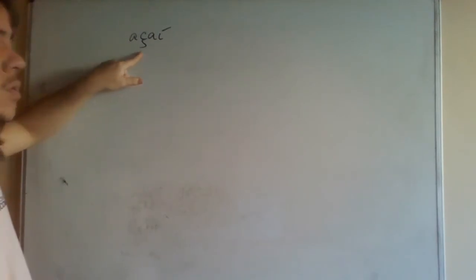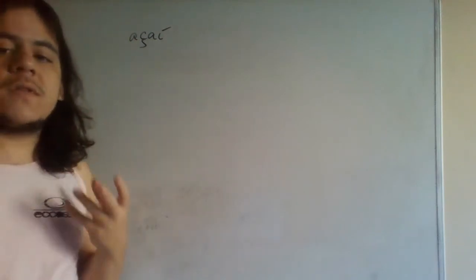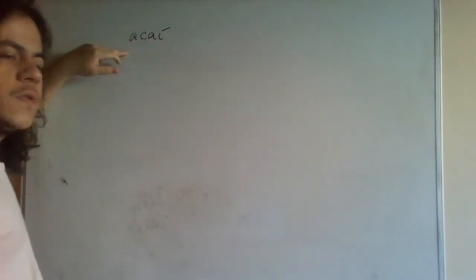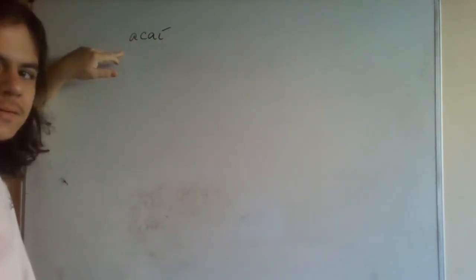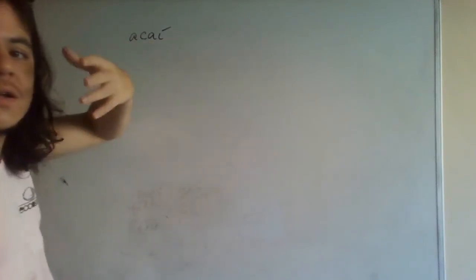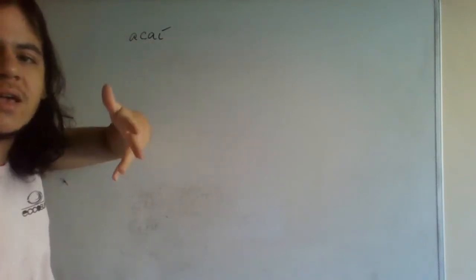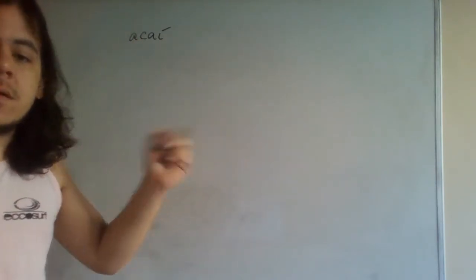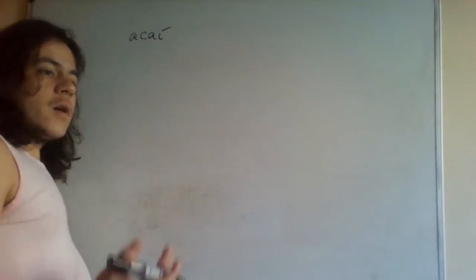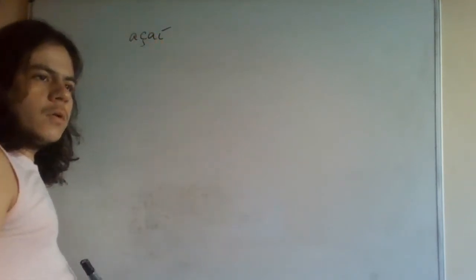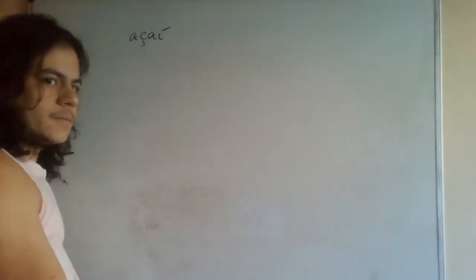So it will make a soft sound, açaí. Without the cedilla, we would say acai. Remember, letter C before letter A has a K sound, like cake. To make a soft sound, we put the cedilla below letter C, açaí.